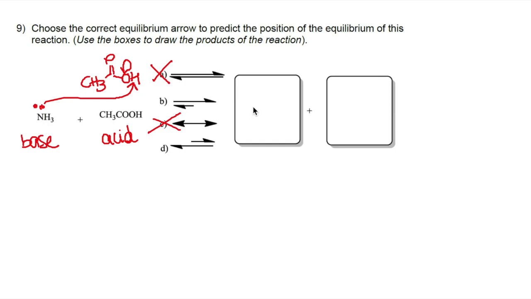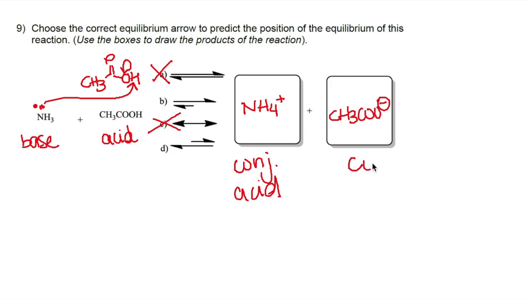So now on the product side, we're going to have NH4 plus, which becomes our conjugate acid. And here we're going to have CH3COO minus, and that's our conjugate base.